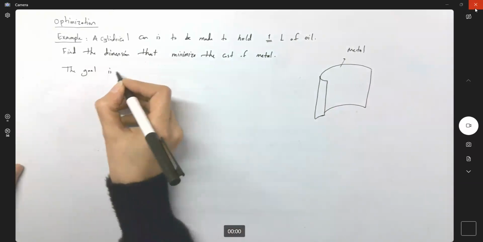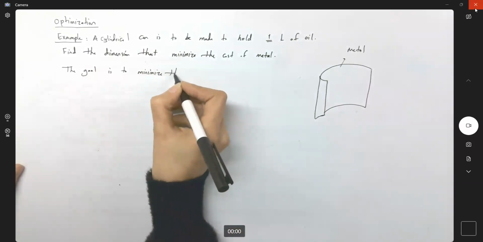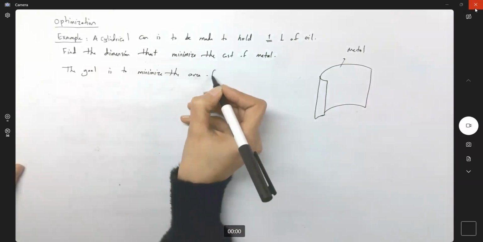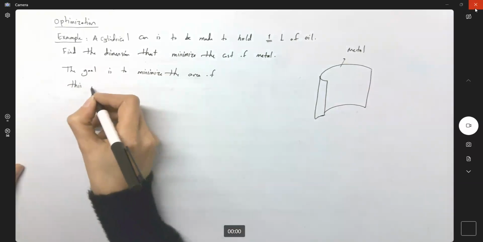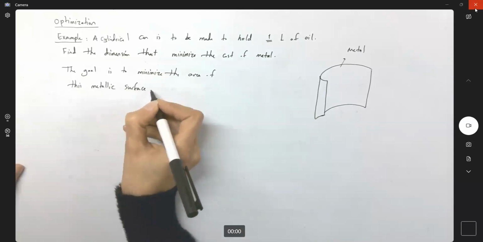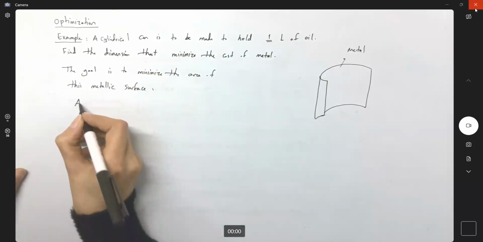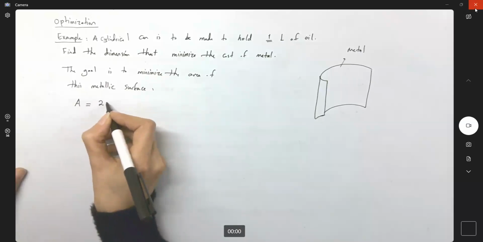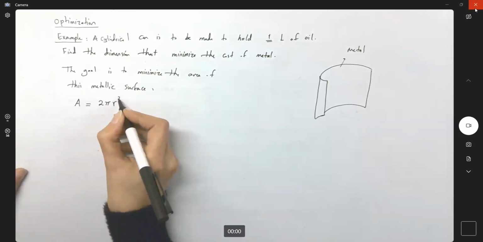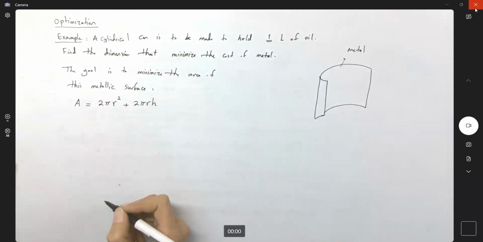The goal is to minimize the area of this metallic surface, and the surface area A is equal to 2 pi r squared plus 2 pi r times h.